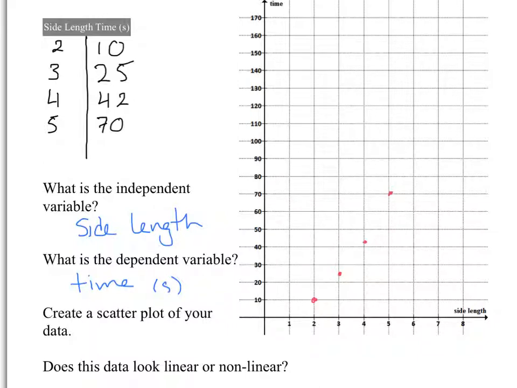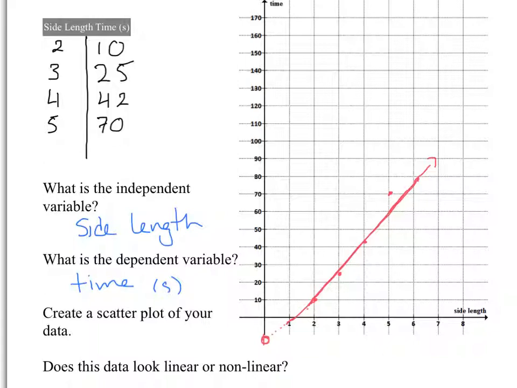I can only plot the data I have, but I can use that data to make a prediction. If I do that, I get something like this. I'll extend it back to where it's going to cross the y-axis, because that's an important point, and it'll go up like that.